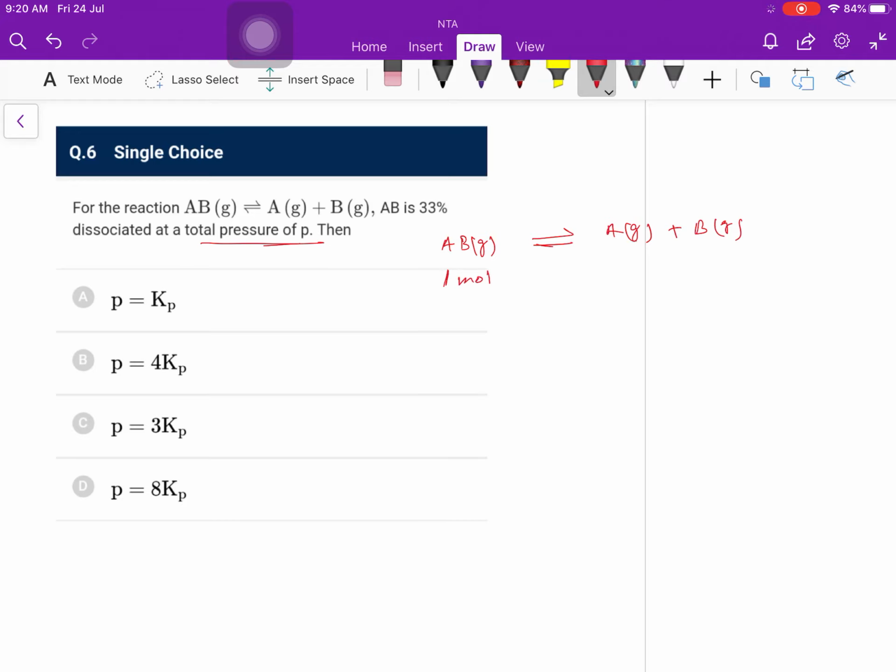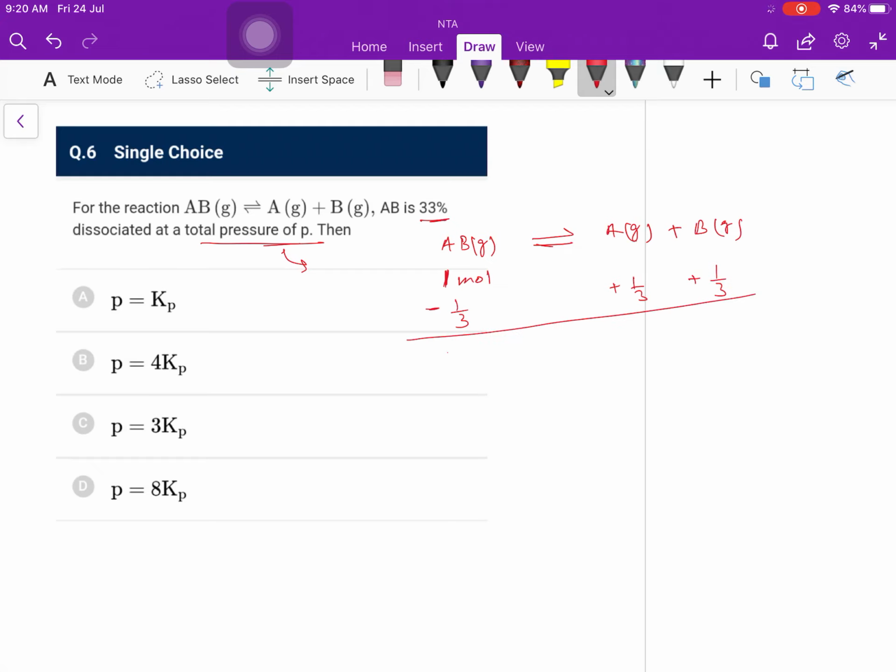You can assume anything because the property that has been asked, relating Kp, will be an intensive property. So let us assume 1 mole of AB, and then the dissociation is 33%, and therefore minus 1 by 3. So this is plus 1 by 3, plus 1 by 3.